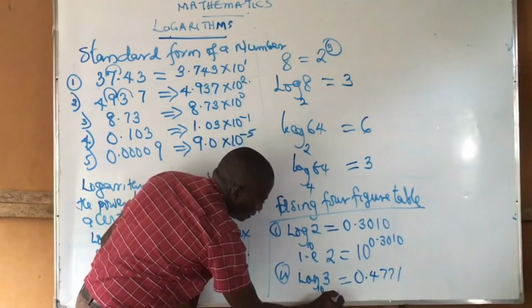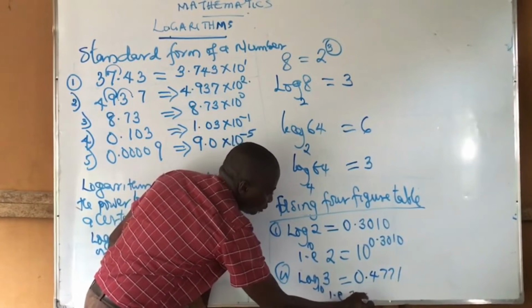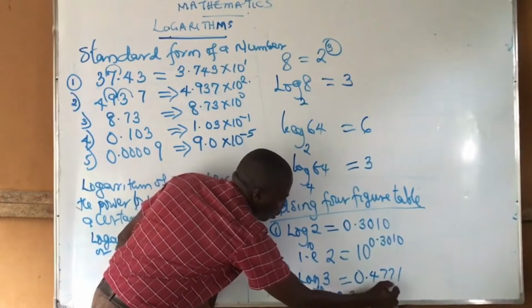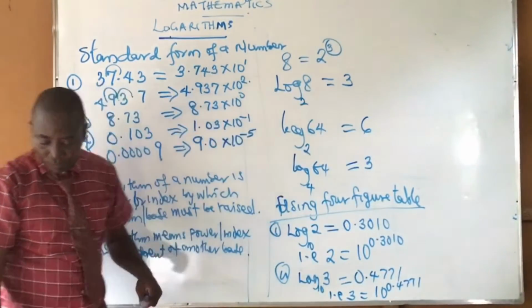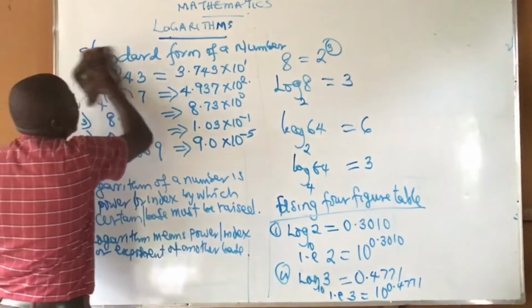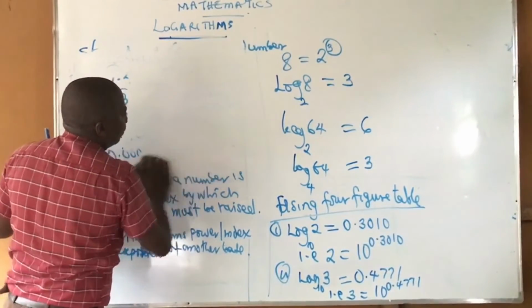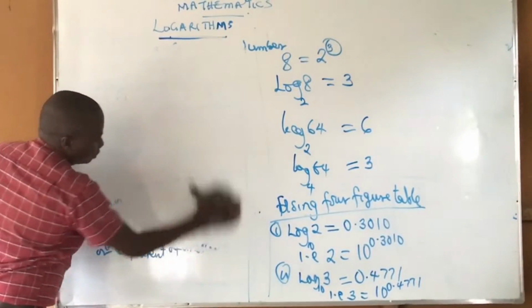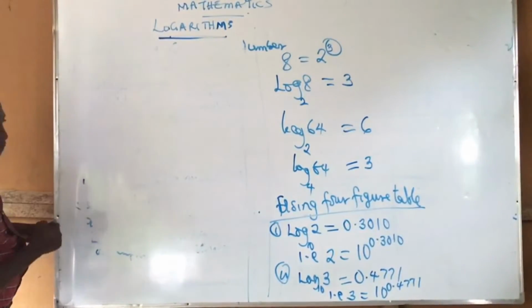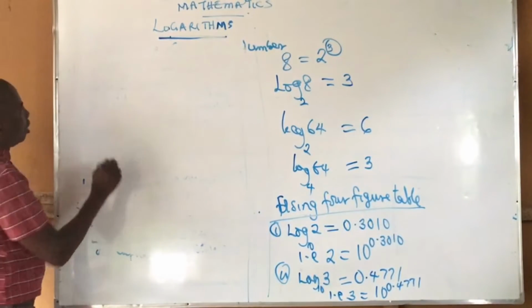That is, 3 equals 10 raised to power 0.4771. Let us now come to the basic thing. How do we solve problems using the 4-figure table? We look at it in this order.